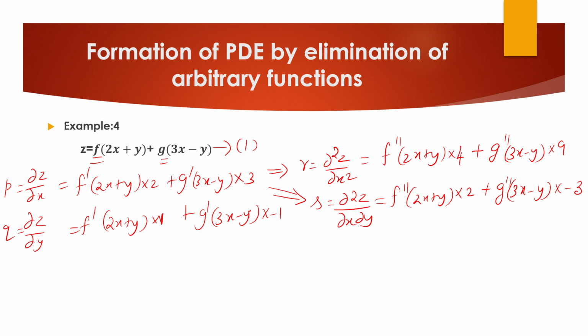Now we are differentiating this equation with respect to y, which gives t, that is dou square z by dou y square.